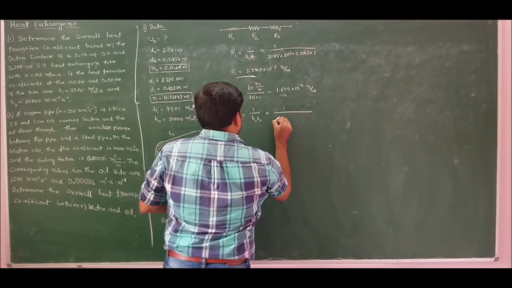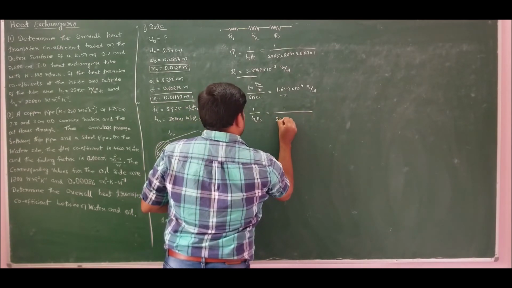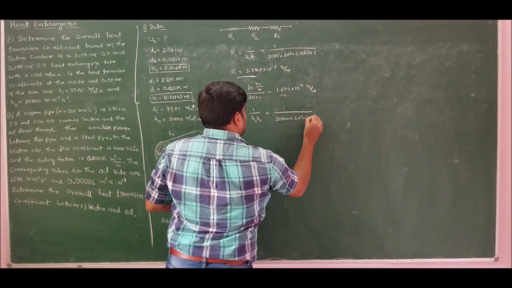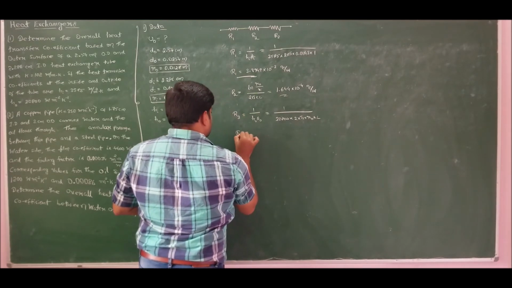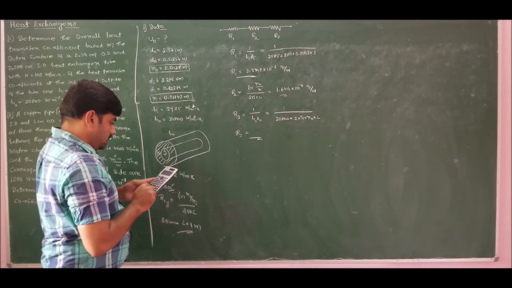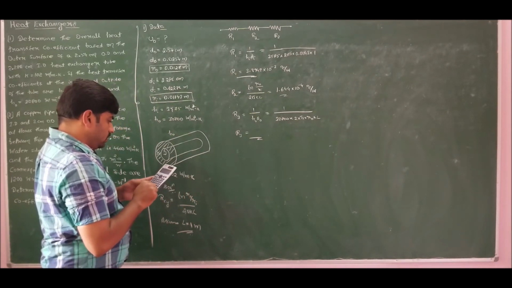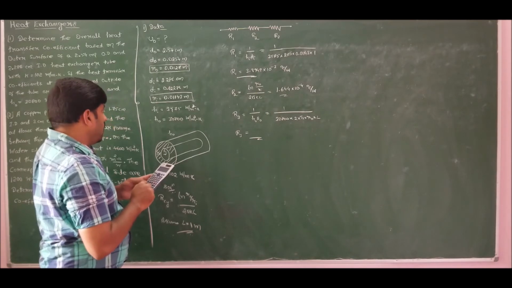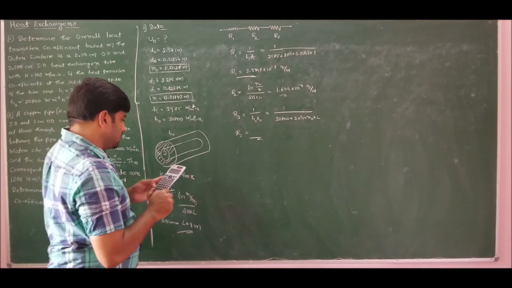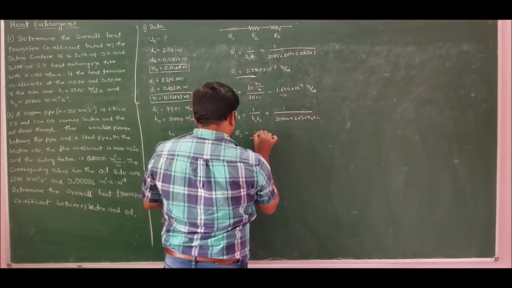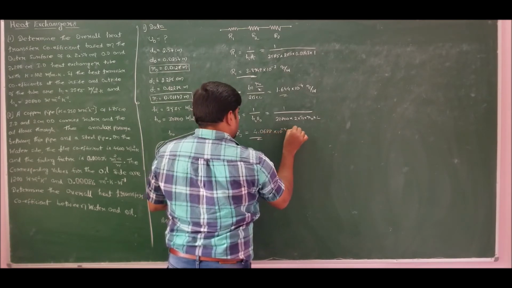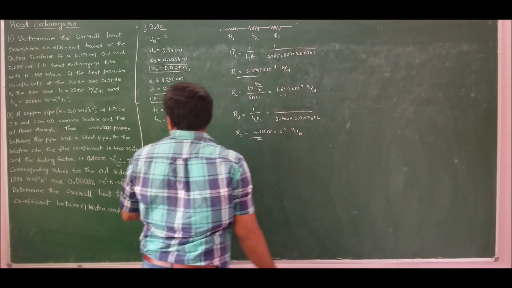So which will be H0 is 30,800 into 2 pi R0 L. So R3 will be 1 divided by 30,800 into 2 into pi into R0. R0 is 0.0127 and L is 1 meter. I get the answer as 4.0688 into 10 to the power of minus 4 degree Celsius per watt.